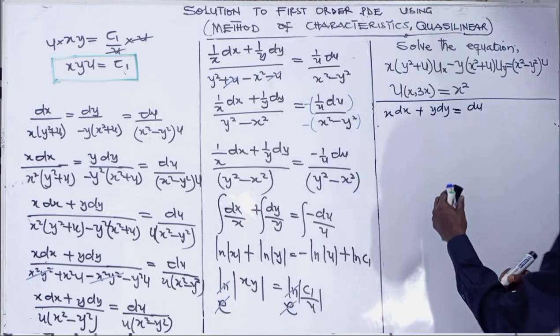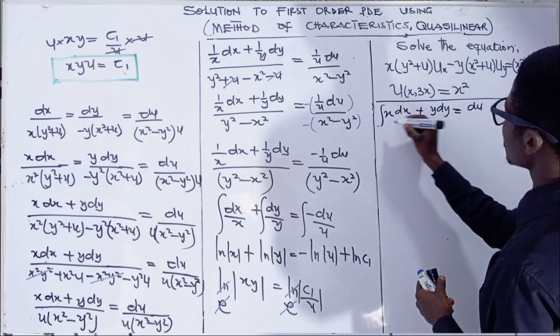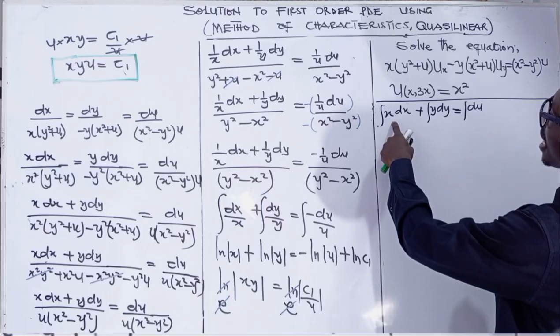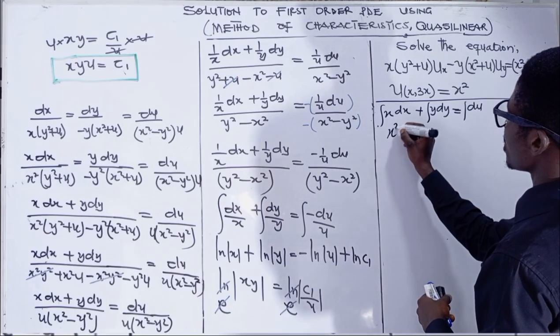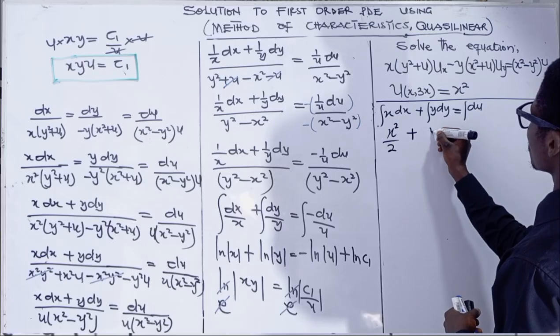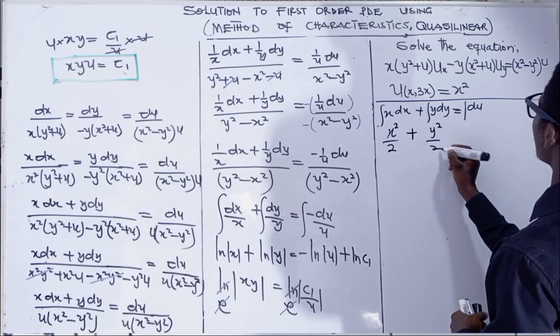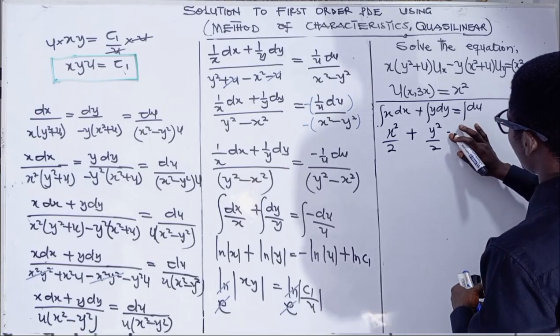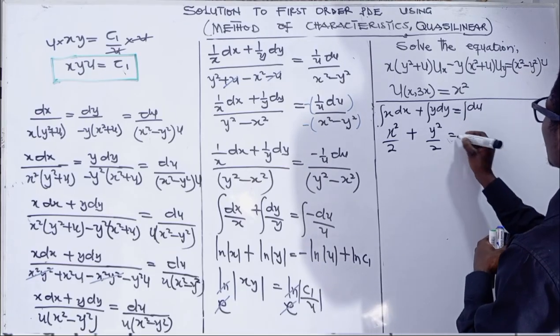So from here, we can integrate them term-wise. We are going to integrate this, and then we integrate that. So when we integrate x dx, we are going to get what? s squared all over 2. And then when we integrate this, we are going to get what? y squared all over 2. And then we add the constants of integration. Okay, let's add it to the right hand side.